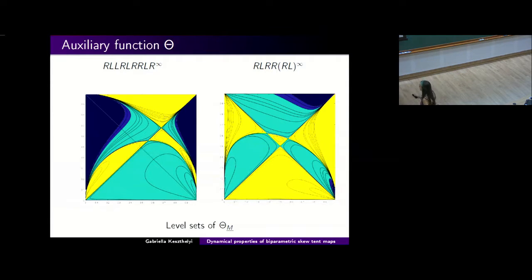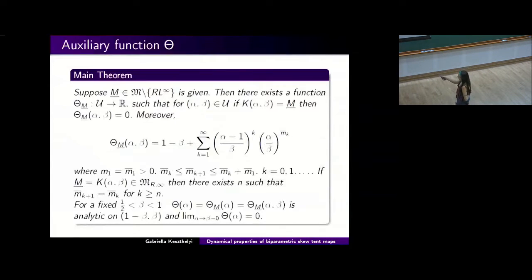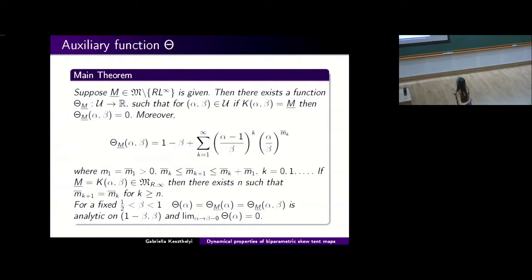So you just take an arbitrary kneading sequence, and that will generate this series. And you can put alpha and beta in it. And if you put the alpha and beta which corresponds to this m, then it will give you 0, but not only for those. That's the bad news. Corresponding to the ones that have that kneading sequence.